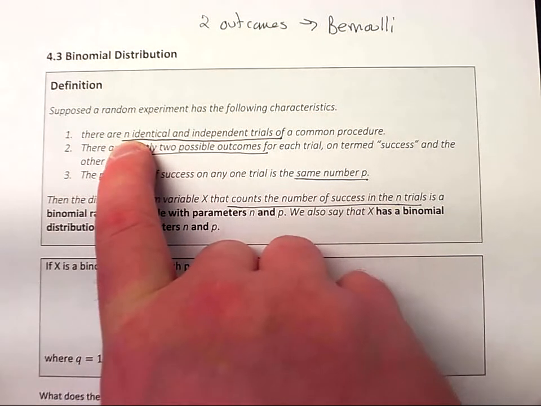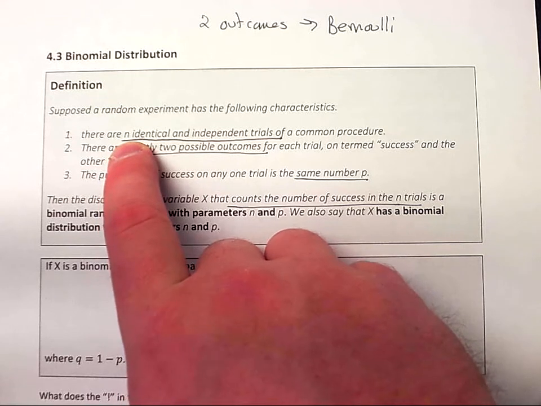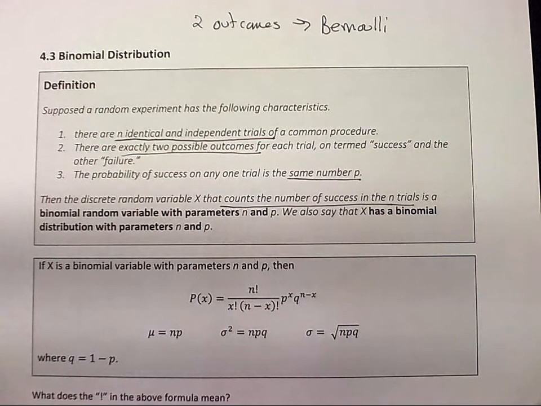So your textbook immediately goes to having more than one trial. But I want to make sure that everybody understands that if we just did one trial, if n were 1, then that would just be a Bernoulli. My opinion is that your textbook should have been specific about the fact that n has to be strictly greater than 1.